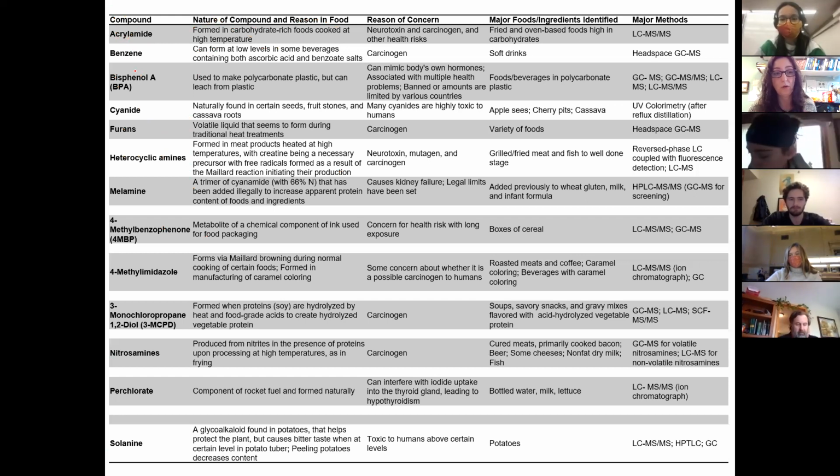So, for example, frying of potato chips, and you have asparagine as one of the amino acids in a protein, can react with reducing sugar, and then you get acrylamide. So it would be good to know how it made it to the food. Why is it of concern? Carcinogen, for example, a sample example of a food, and a method. So it would be good to study. This is a good study table.